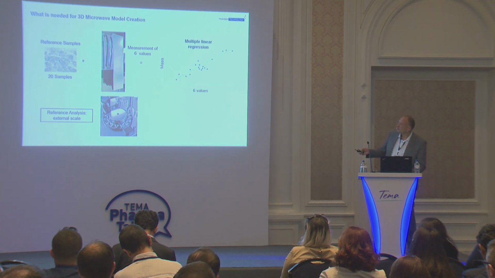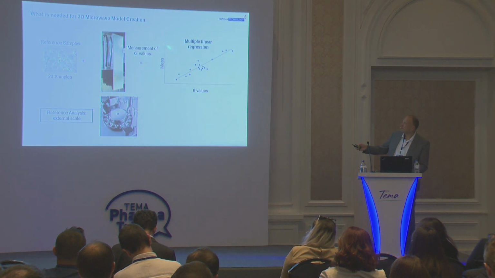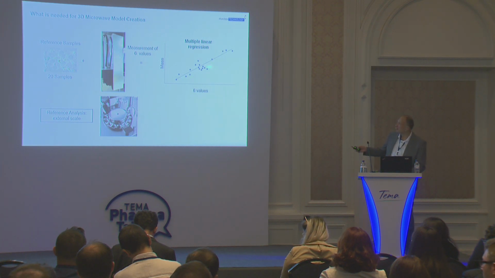And then we direct the tablets to our external scale, and we measure the real value. What's done, we just apply the mass, which is provided by the weighing cell, against these 6 values that we get per tablet. And we apply that in a multi-linear regression. What we get out is the kind of regression line, and this is our model.